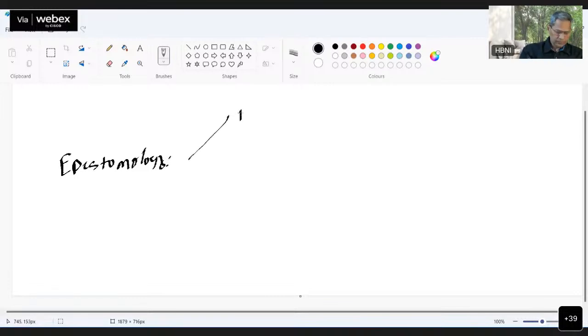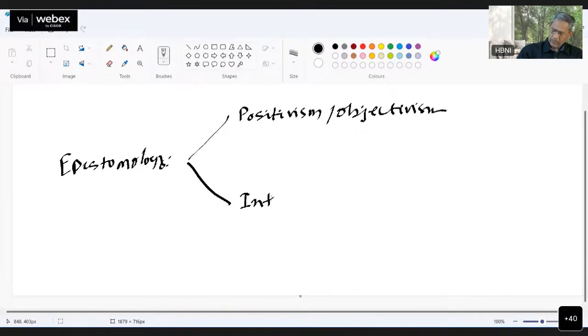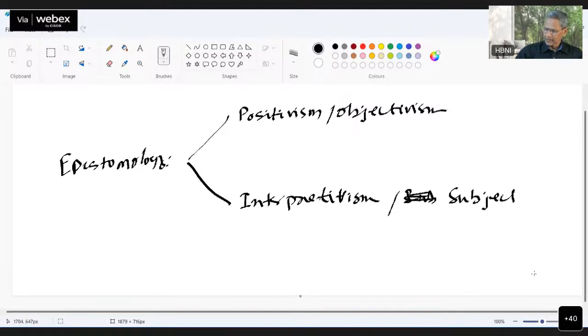Something called positivism, objective, and the other school of thought is interpretive, or subjectivism.